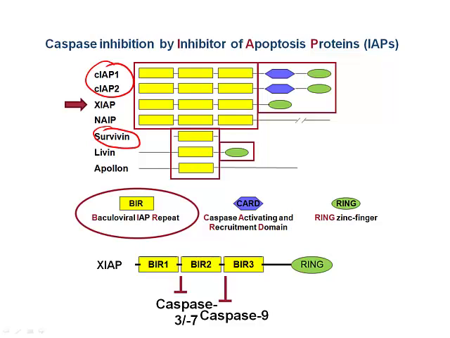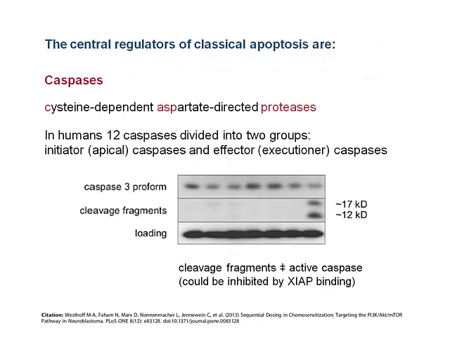The only protein where I would be 100% certain that it is involved in apoptosis is XIAP, which can inhibit caspase 3 and 7 and caspase 9. So basically, remembering this slide where I explained to you that caspases get activated via cleavage, you have to now remember that the appearance of cleavage fragments is not sufficient to assume that caspases are active.